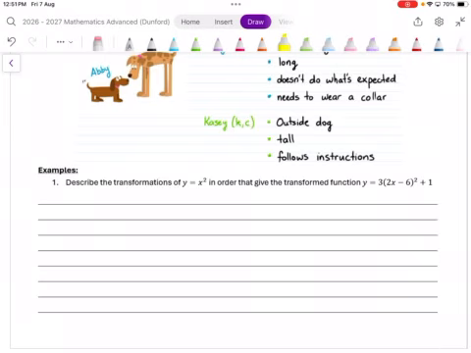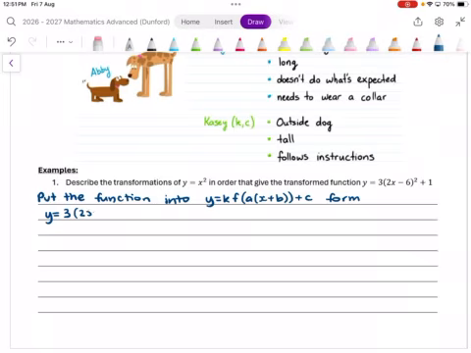So the first thing we have to do is put the function into y equals k f of a(x plus b) plus c form. Okay, so right now we're dealing with y equals 3 lots of (2x minus 6) all squared plus 1. That's not in the form.